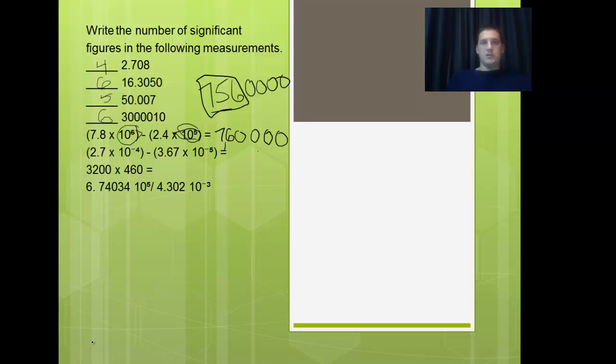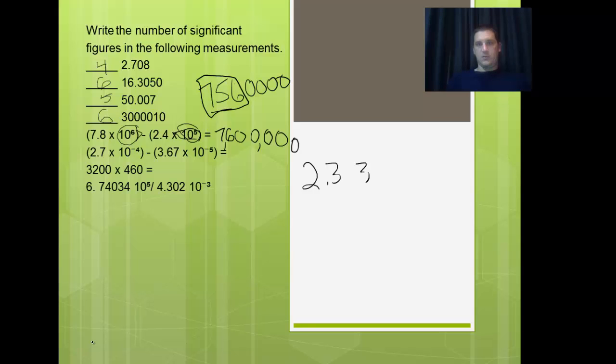So that's that one. The next one is 2.7 times 10 to the negative 4th minus 3.67 times 10 to the negative 5th. Once you do that in your calculator, you will get 2.33 E to the negative 4th. So let me use this white space right here. You're going to get 2.333 times 10 to the negative 4th.